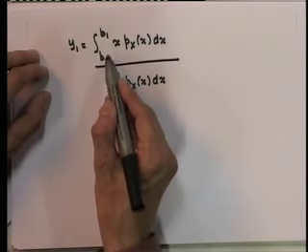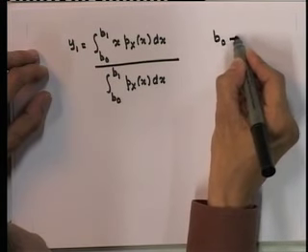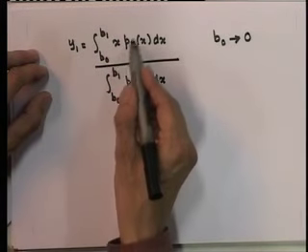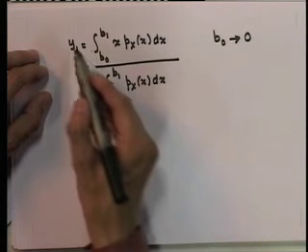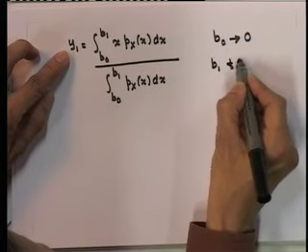As b_0 is known to be 0, we have two unknowns in this equation, b_1 and y_1.